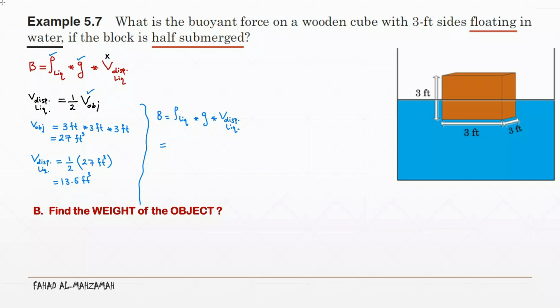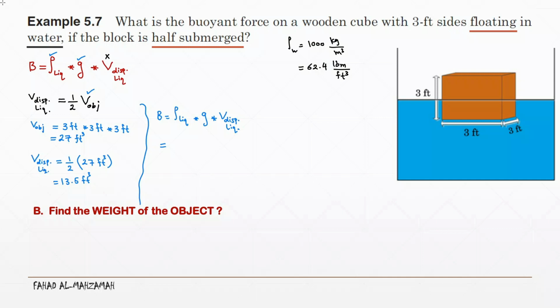Now what about the density of water? We know the density of water, and I told you to remember it, is equal to 1000 kilograms per cubic meter. This is in SI units, and it's equal to 62.4 pound mass per cubic feet.